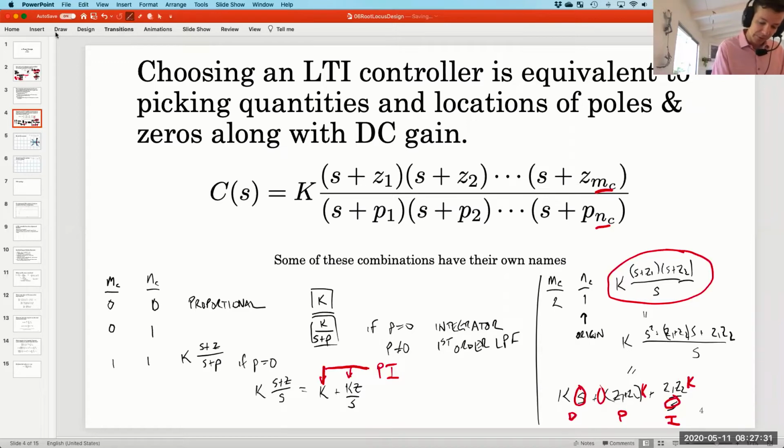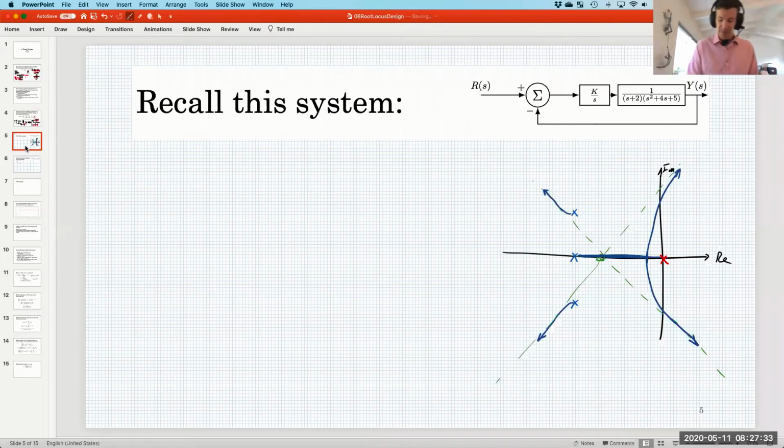Okay, so with that in mind, I'd actually like to go back to this system, which was the final root locus example problem from last unit. And I want to analyze this choice of controller, which you can now call an integrating controller. With this choice of controller, the root locus is as we've drawn here.